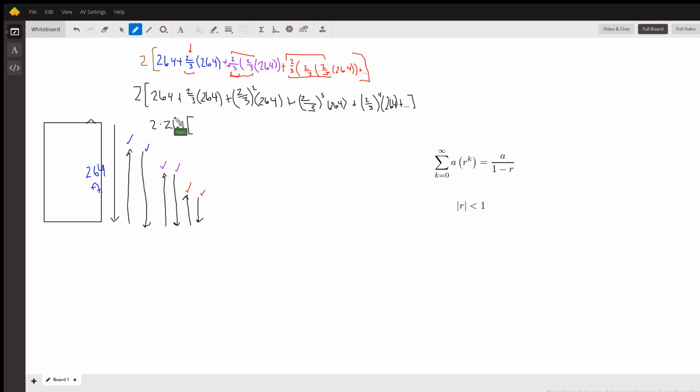And then left on the inside would be, well, 264 divided by itself would be 1 plus, and then dividing every one of these terms by 264 would just cancel those, which is super convenient because all I'm going to be left with now is these 2/3. So I'd have 2/3 plus 2/3 squared plus 2/3 cubed, et cetera, for infinity.